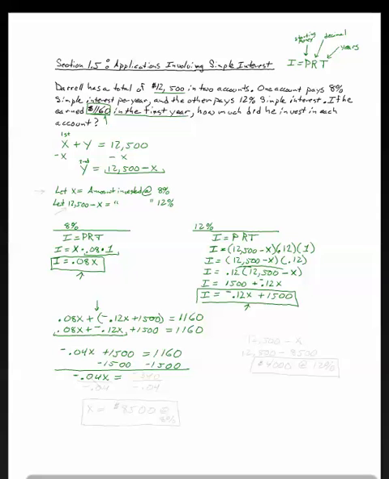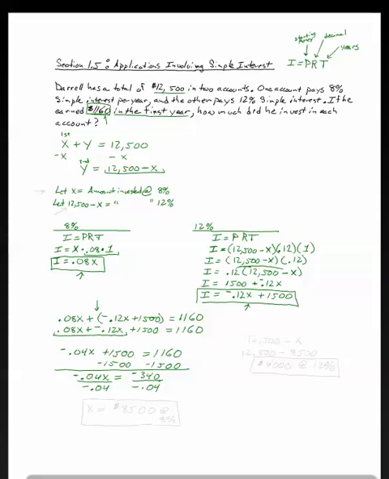Now when I use my calculator and I do 1,160 minus 1,500, that gives me negative 340. Next step, since it says negative 0.04 times x, that means I have to divide by negative 0.04 on both sides.